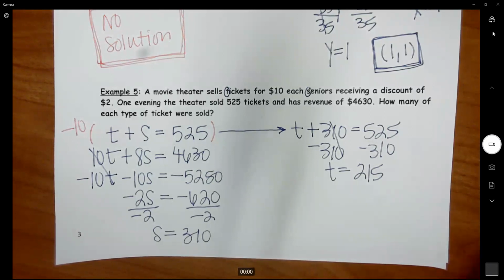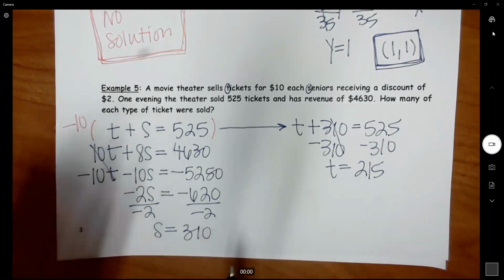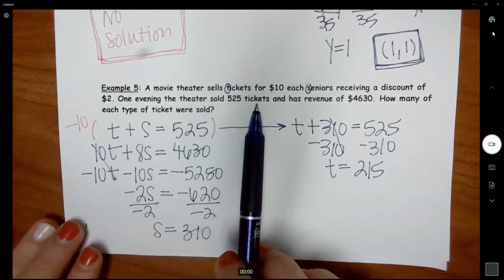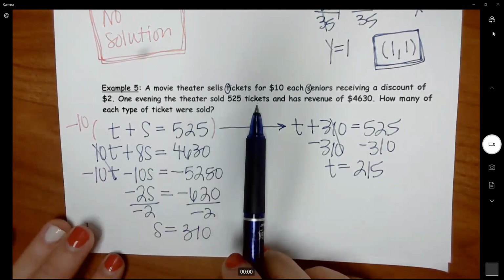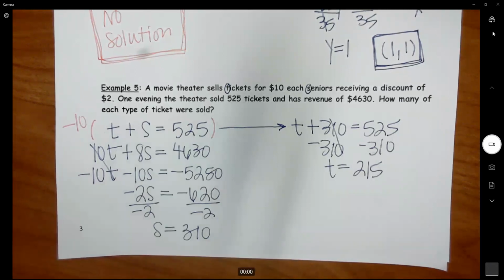Now with this, I don't care about an ordered pair, right? Because we're working with a word problem here. It wants us to answer how many of each type of ticket were sold.